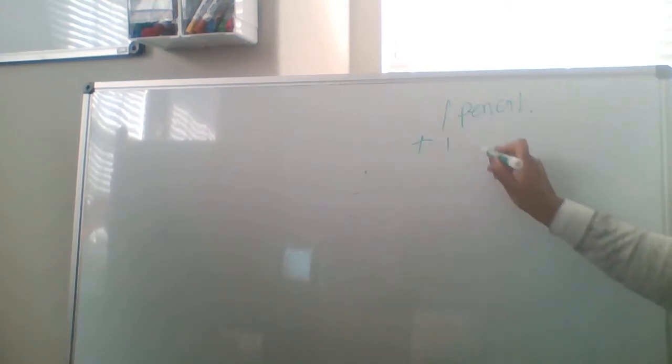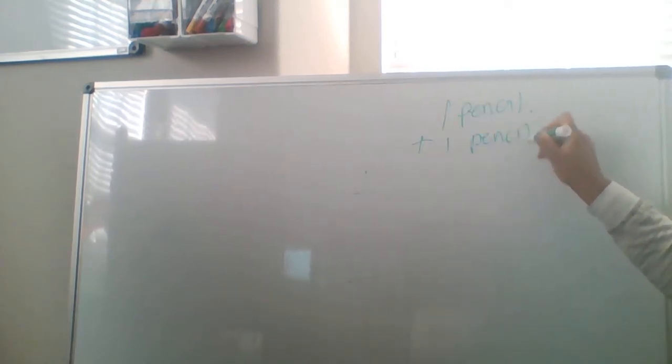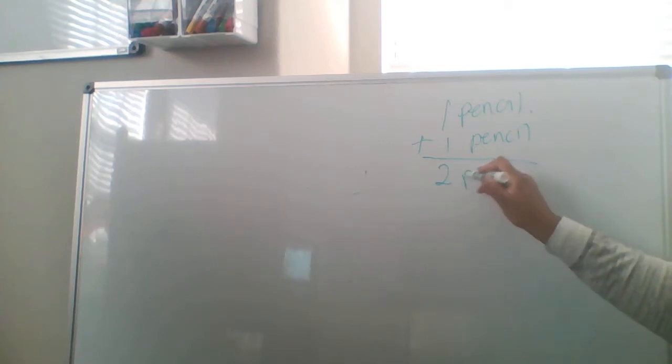Second thing I would say is if you're teaching the child the concept that two like items are the same, can be added together. Remember, we said one pencil plus one pencil equals two pencils.